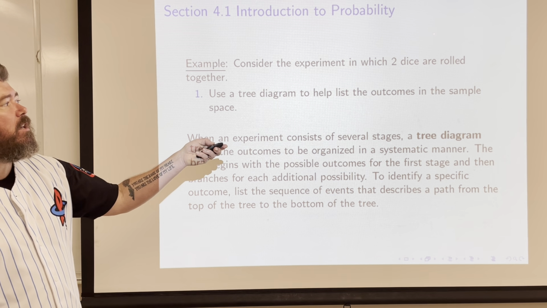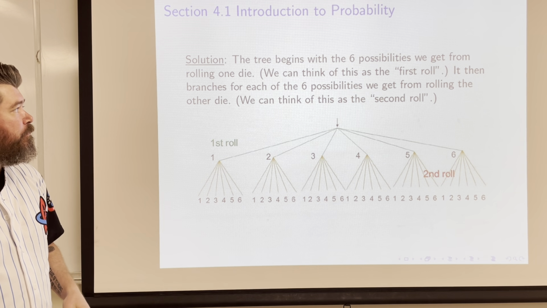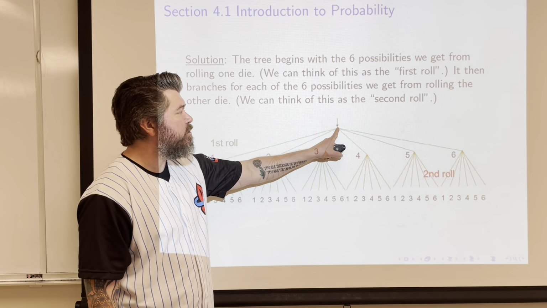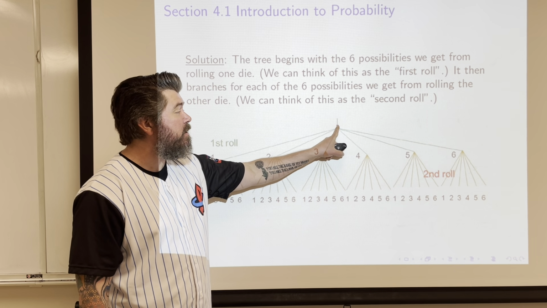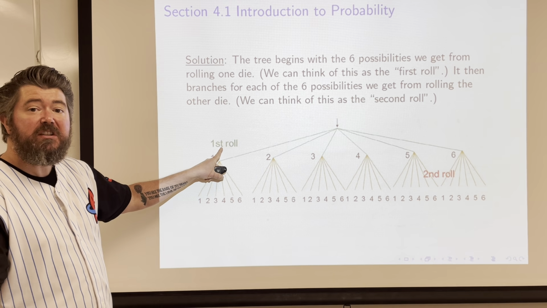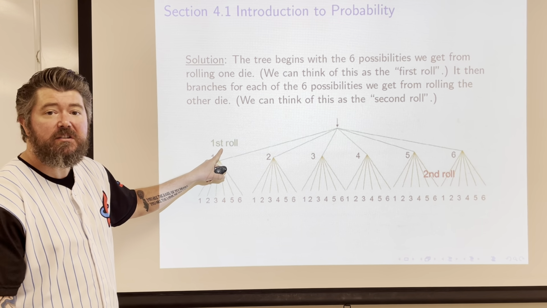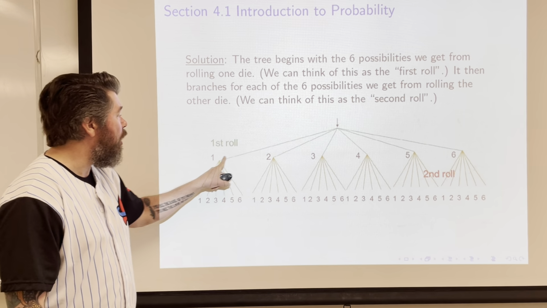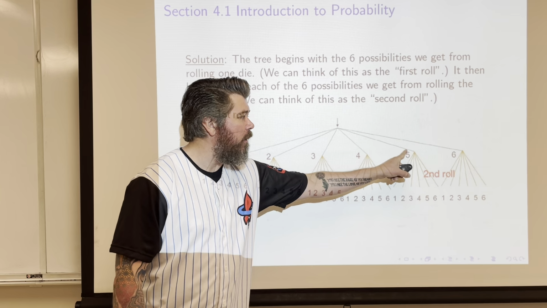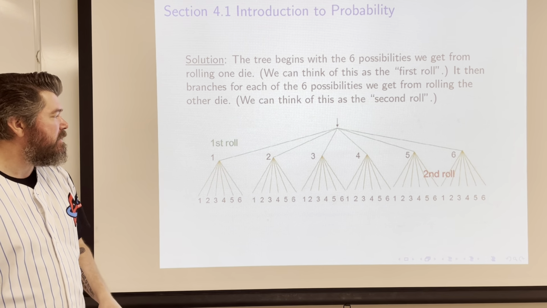So in this case, we want to focus on 2 dice being rolled. So the tree begins with the 6 possibilities. For our first roll, we're going to create an arbitrary point where we start. And now we look at our first event. Our first event is rolling the first die. So I can get a 1, a 2, a 3, a 4, a 5, or a 6. And now I look at my second roll.